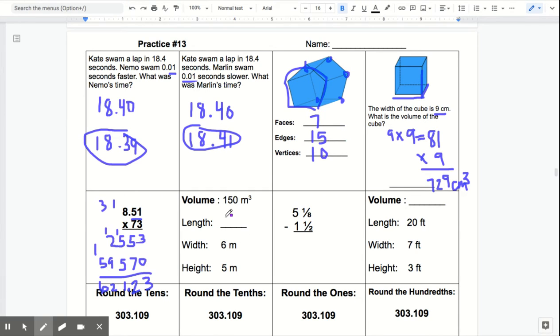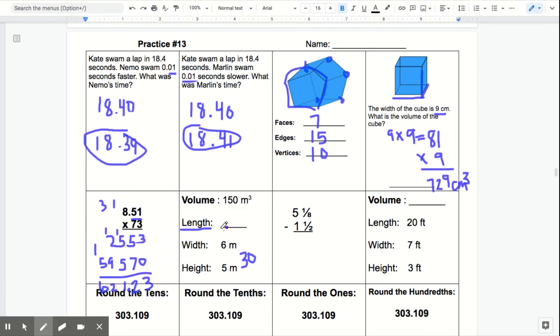This next one is a volume problem, but we're missing the length. Now remember, length times width times height equals volume. So in order to find the length, I'm going to first multiply my width and height. 6 times 5 equals 30. So to find length, 30 times length would give us 150.